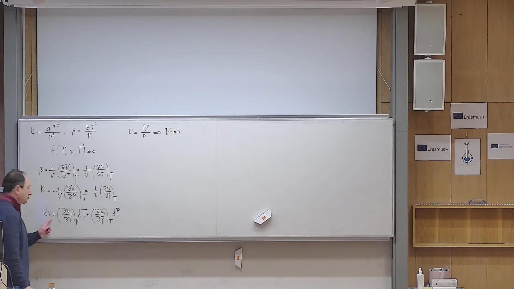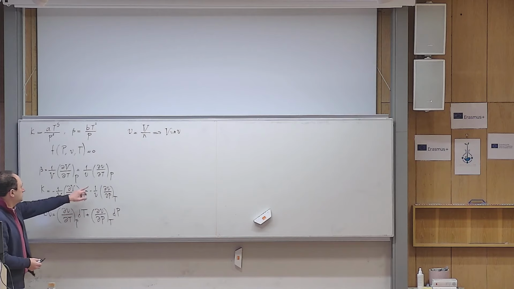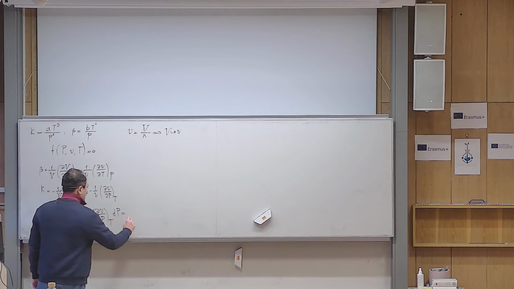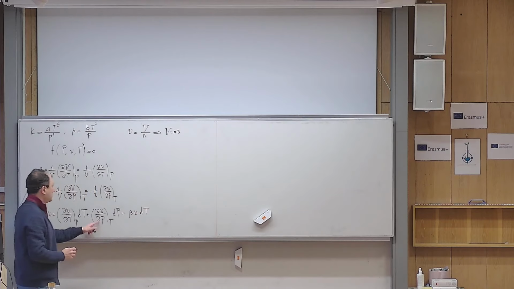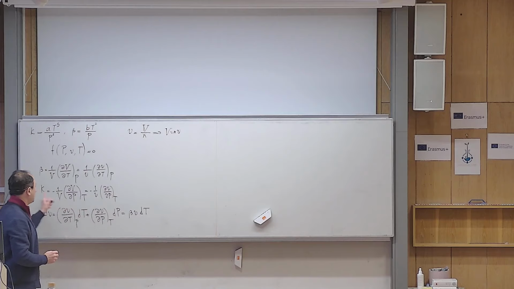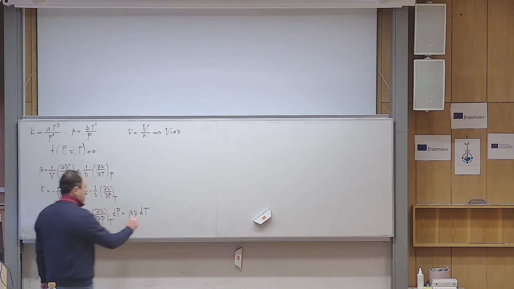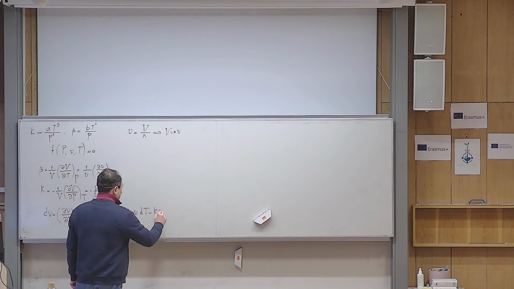So here I'm assuming that V is a function of T and P, and I am writing its differential. And of course, you see that is exactly what appears here. That is nothing except beta times V, so this expression is beta times V times dT. And that expression is here. It becomes minus kappa V, so it becomes minus kappa V dP.